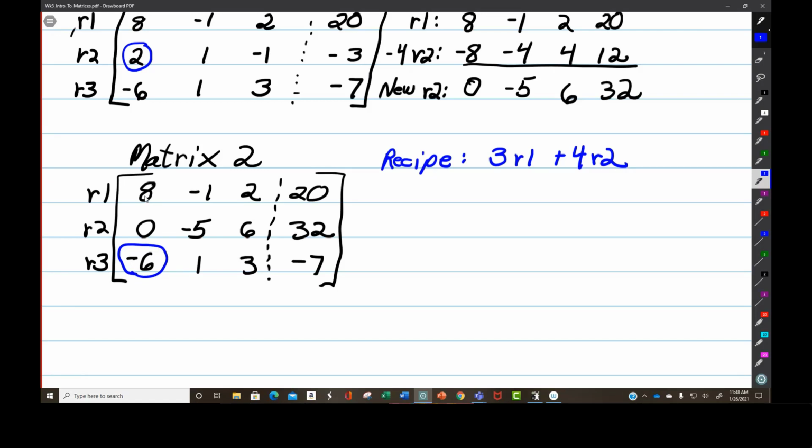This is already positive. So I don't have to worry about making the signs opposite. The signs are already opposite. So 3 times row 1, I want to do that in black though, so it's easier.